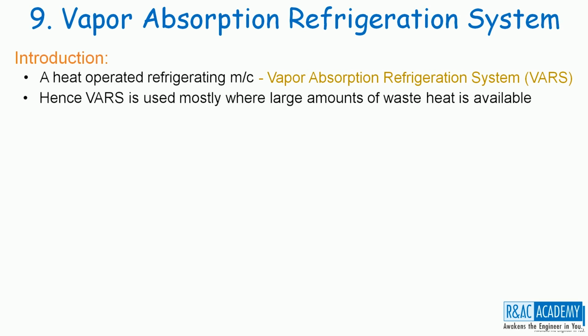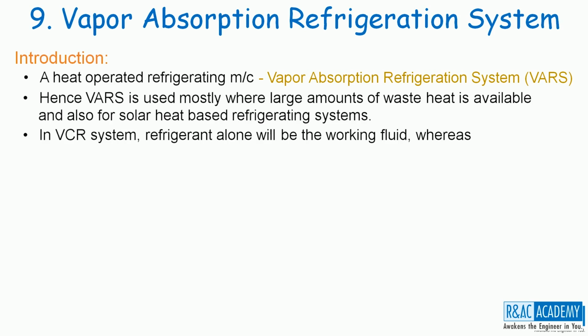Hence, VARS is used mostly where large amounts of waste heat are available. Also, VARS is used for solar-based refrigeration systems, and hence it makes more sense for tropical countries like India.